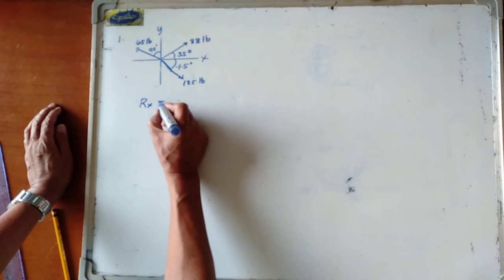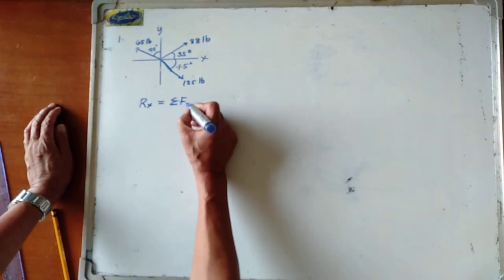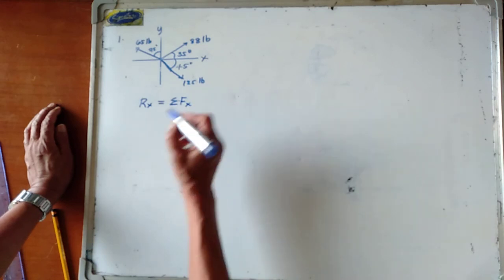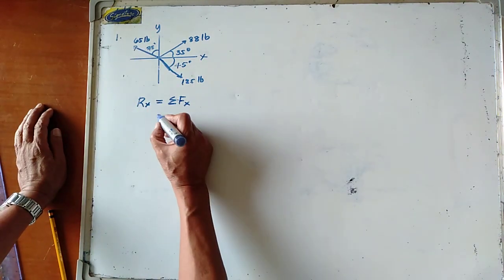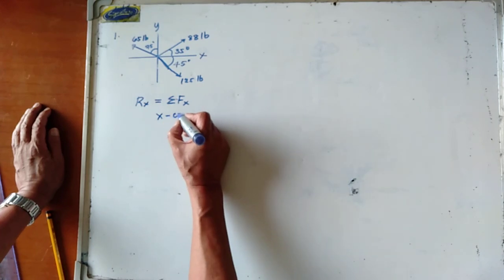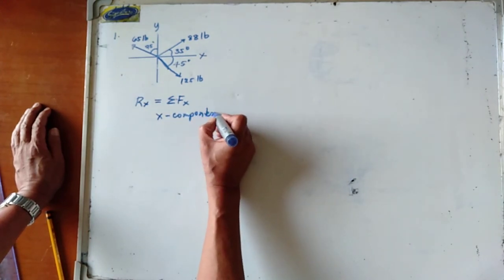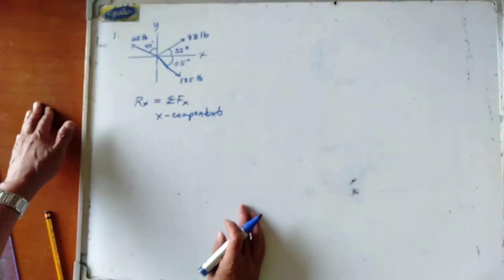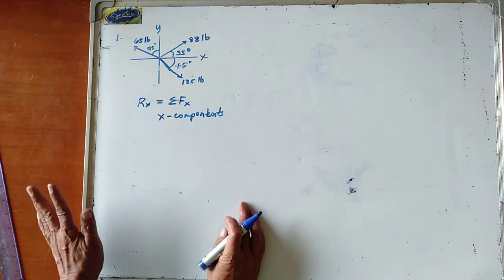So Rx is equal to the summation of forces along the x-axis. So we have the x components of the three forces.